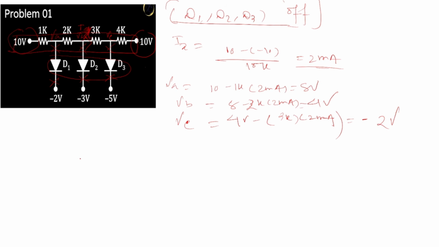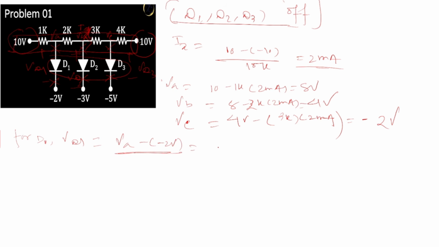So you can see that for diode 1, this is VD1. As I told you, if you are considering the open circuit test, you have to consider the voltage across the diode to judge the turn on and turn off conditions. This is VD2 and this is VD3. So VD1 is equal to VA minus of minus 2 volt.